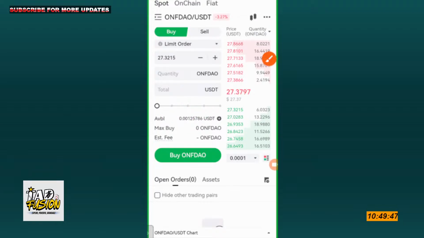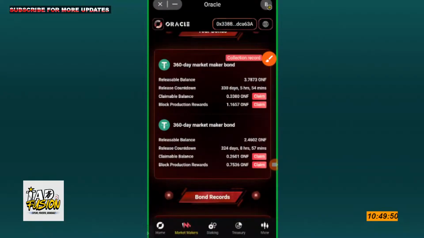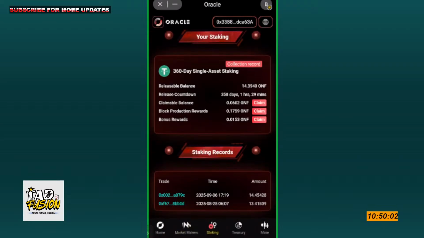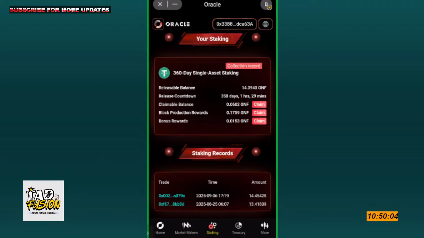Therefore, the stakers now buy the ONF tokens from Jucoin and bring them back to the Oracle system. They lock them here. When they lock them here, it means they are reducing the number of ONF tokens on the market. Therefore, the supply becomes low and the demand becomes high, leading to the increase in the price of the ONF token.